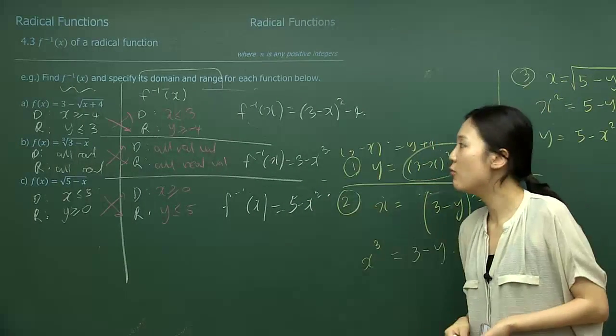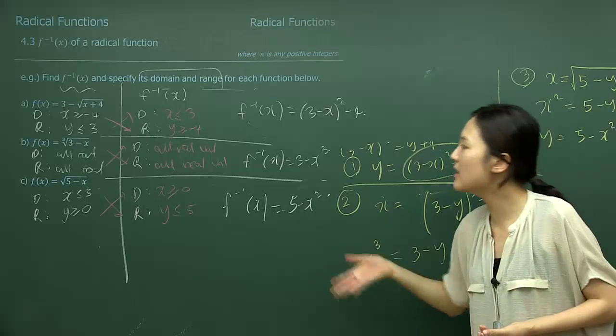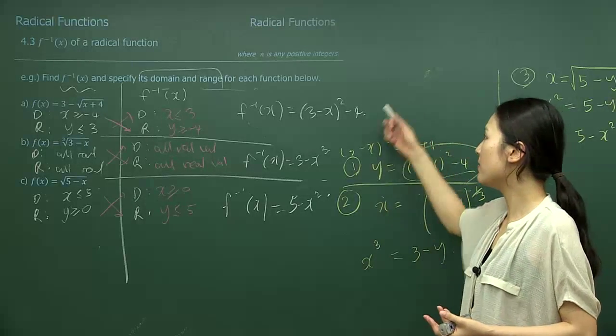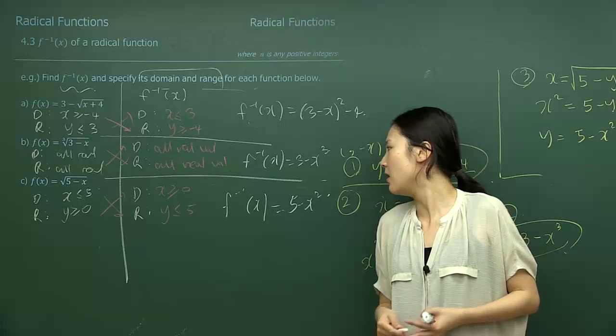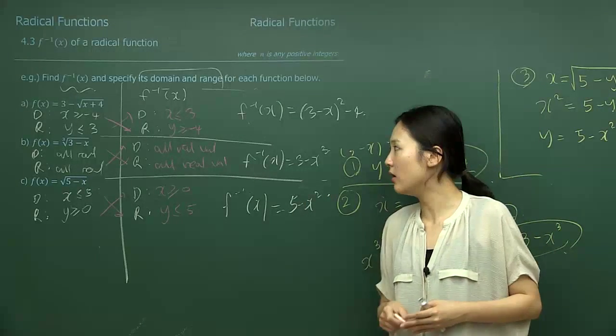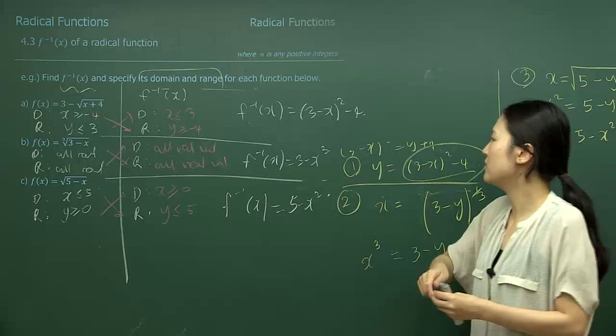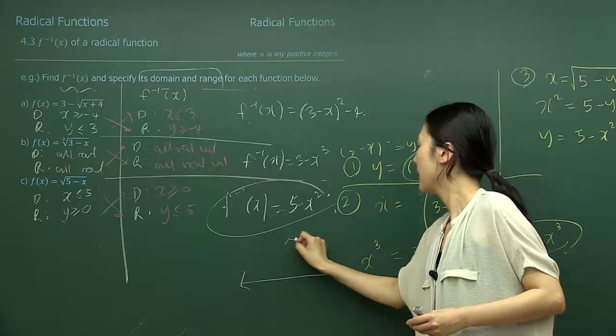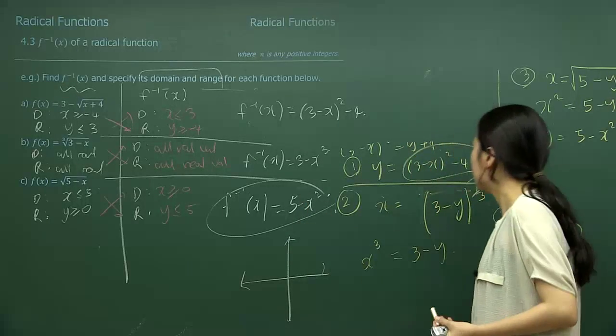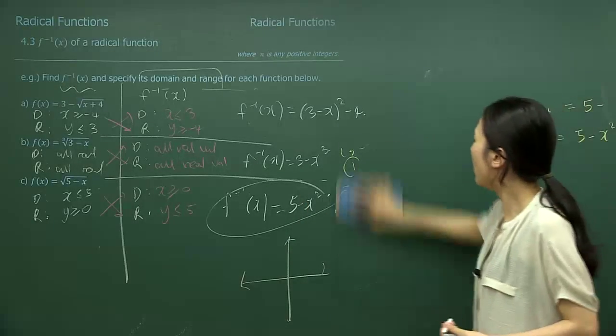So that's how we can simply get the domain and the range of the inverse of the radical functions given here. Domain and range are very important, especially for this one. If you graph 5 minus x squared, guys, how would you graph it?